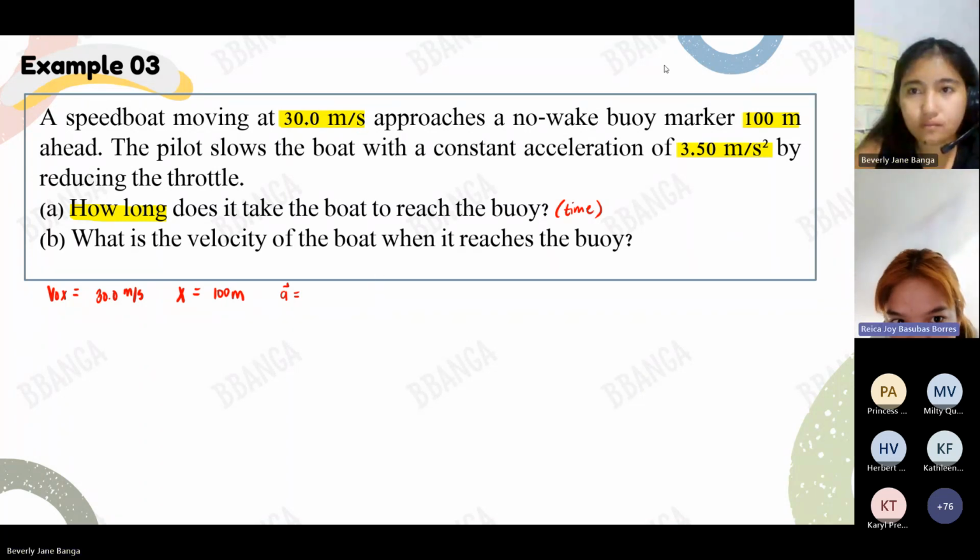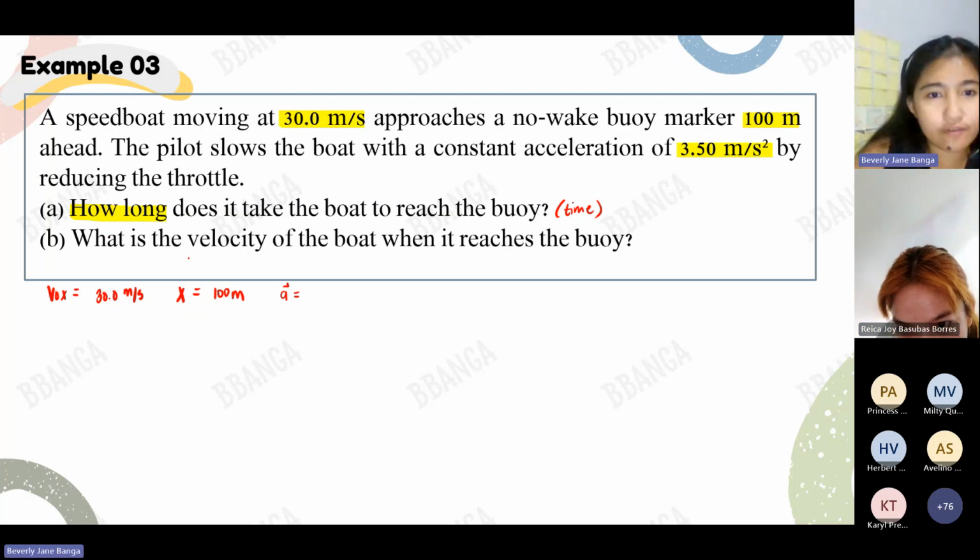Ma'am, yung sa may PowerPoint, nakikita ko na yung acceleration niya is 3.5 meter per second squared. So I'm going to write 3.5. Positive. Are you sure? Ma'am, slows po. So, negative po, ma'am. Okay. So we're going to write negative 3.50 meter per second squared.